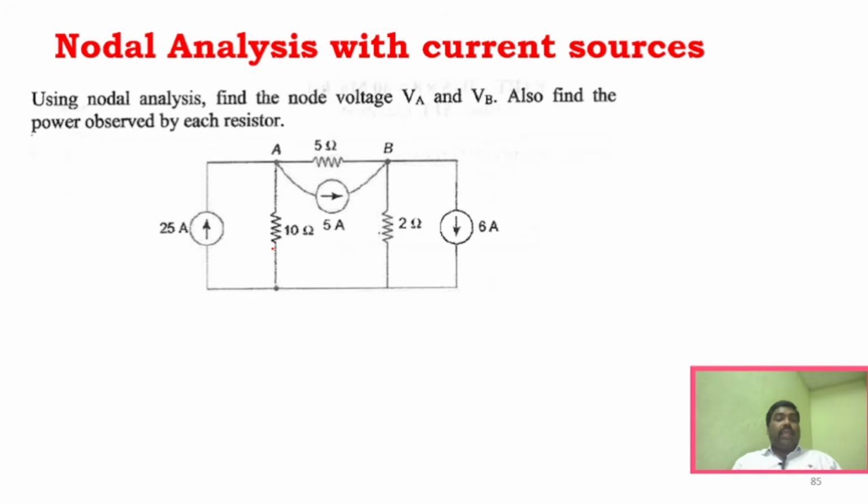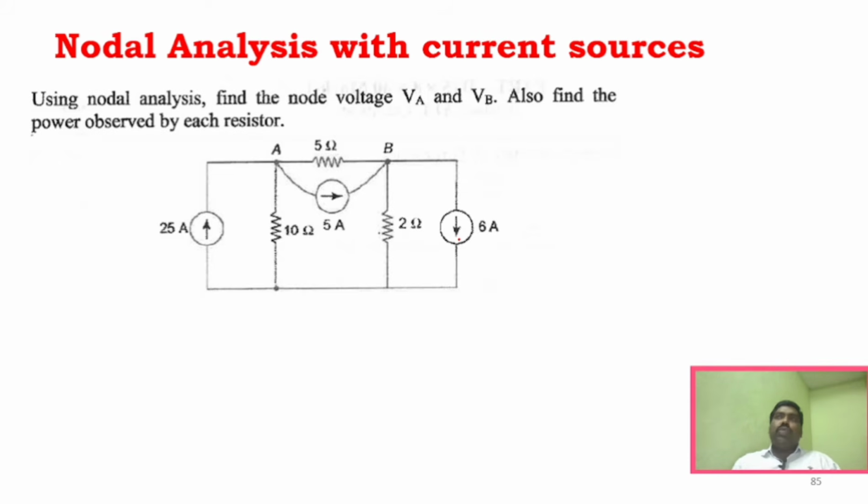First we will start with this particular problem where we're going to see nodal analysis with current sources. In the previous video we have seen nodal analysis with only voltage sources, and I have given certain rules and procedures, right? Now you're going to follow the same procedures here, but for current sources you can directly write the current.